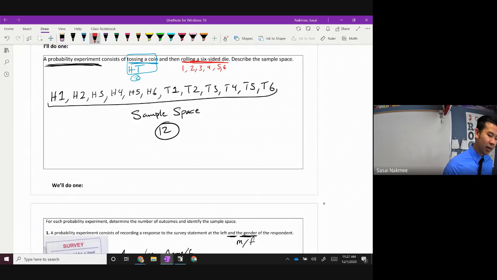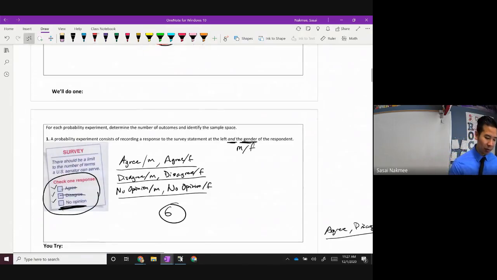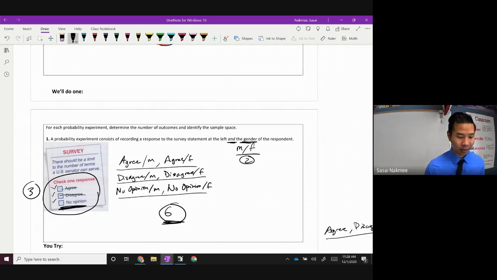And for rolling a 6-sided die, there are 6 possible outcomes. And if you look at the answer for the sample space, the answer was 12, wasn't it? 2 times 6. You see that? Whereas this one was 6 because there were 3 outcomes here and 2 outcomes for the gender, that came out as 6.